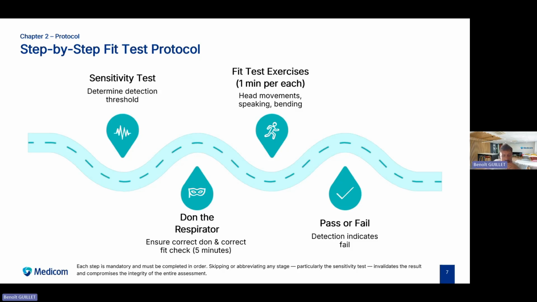Second step, it is donning the respirator. The respirator must be donned correctly. A proper user seal check is very essential before starting the test. So that's why we ask the wearer to ensure with their hands that the mask has a good seal on the face.